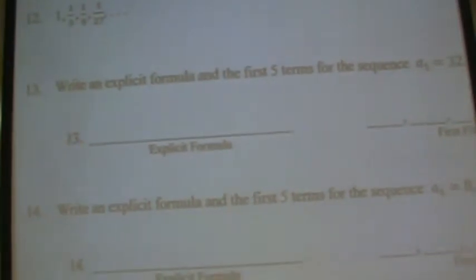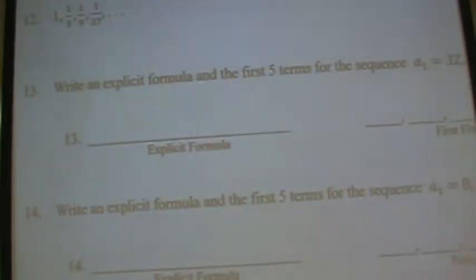For number 12, we're finding the 7th term for this one as well. So we need a7 equals our first term, which is 1, times our r value. This time, we're multiplying by a third each time. So our r value here is 1/3.